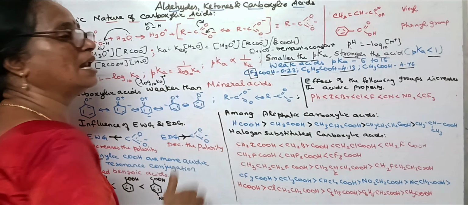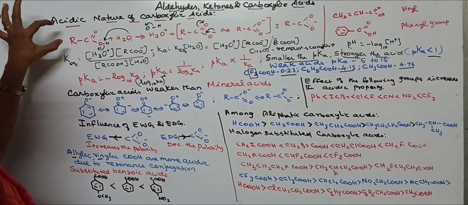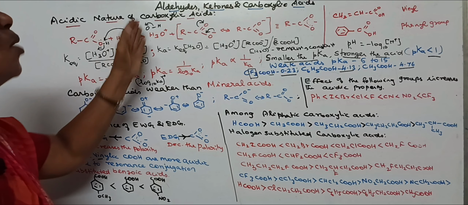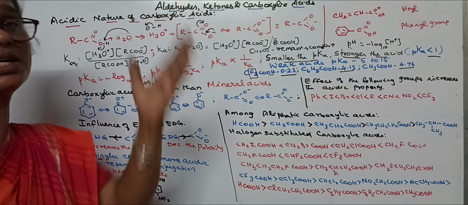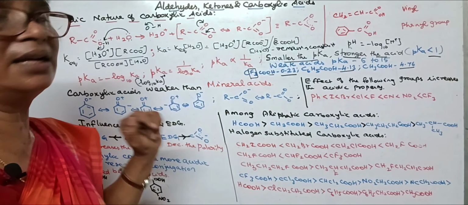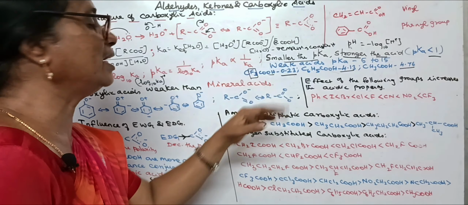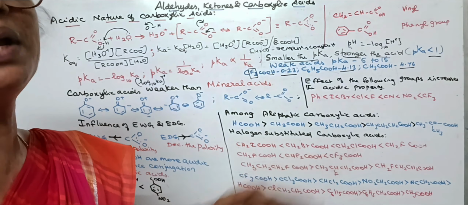Similarly, mineral acids dissociate completely at all concentrations. Here we said the dissociation of carboxylic acid increases when the water increases, that is, when dilution increases. But in the case of mineral acid, even if a small amount of water is present, the mineral acid will dissociate completely.